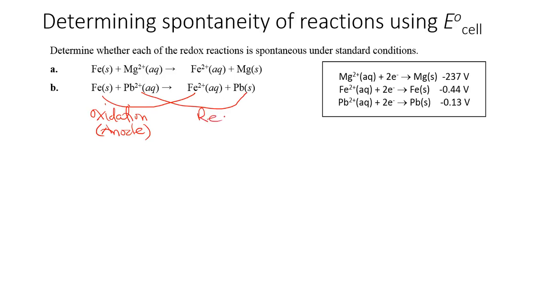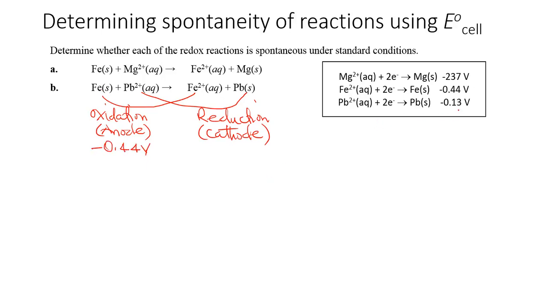This is reduction, that is cathode. And we can get the E cells from here. We know E cell for iron is minus 0.44 volts.